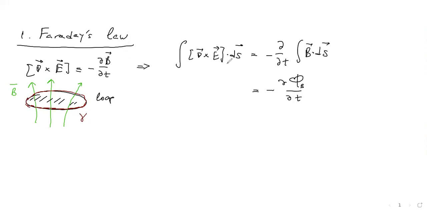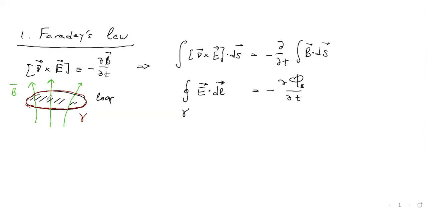Then this integral over area can be rewritten as an integral over the contour gamma. And this would be the dot product between the electric field and the small element of this contour. And this contour is a closed contour. So this already looks nicer to us, but we can do even better.